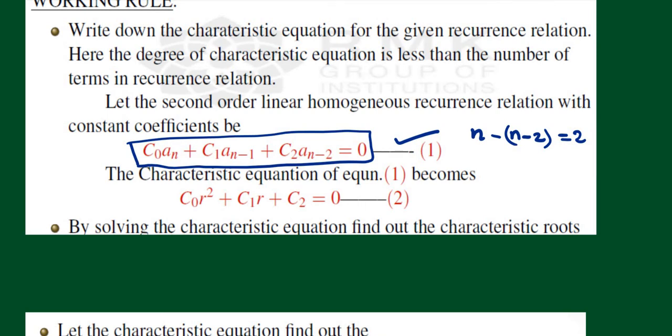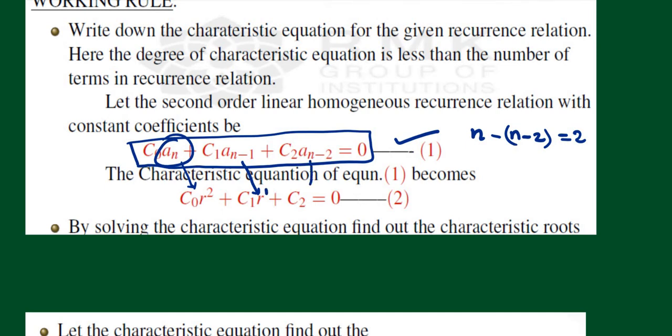For the maximum degree you put r square, and this is a n. So for the maximum n term you put r square, and for the next term, a n minus 1, you reduce one degree, so this is r power 1.